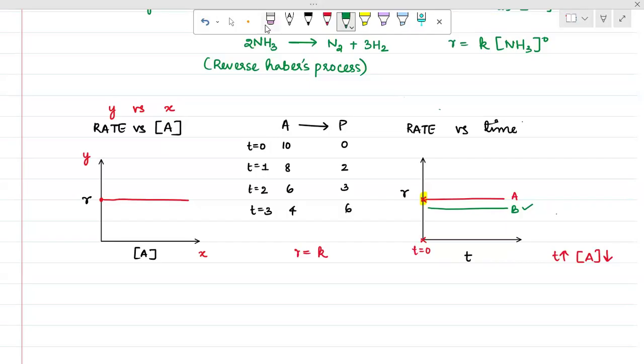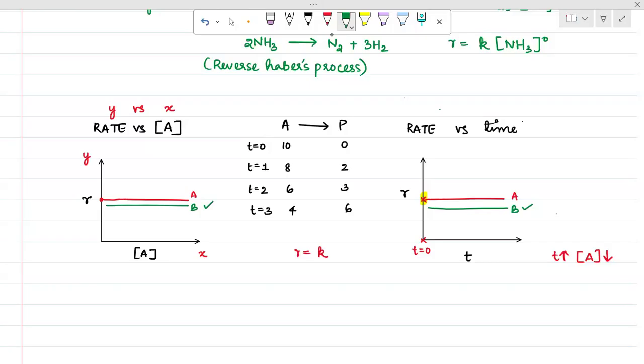Same over here as well. If they ask you, let's say this is A and let's say this is B. See, A and B are conceptually correct. But if they give you two options where there is A and there is another graph where the line looks like B, you have to opt for B. Why?